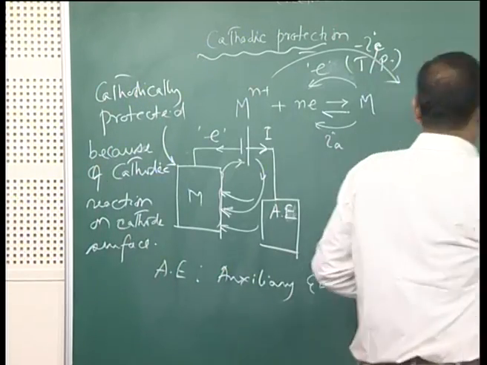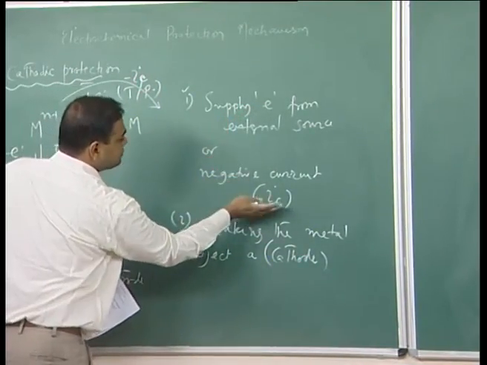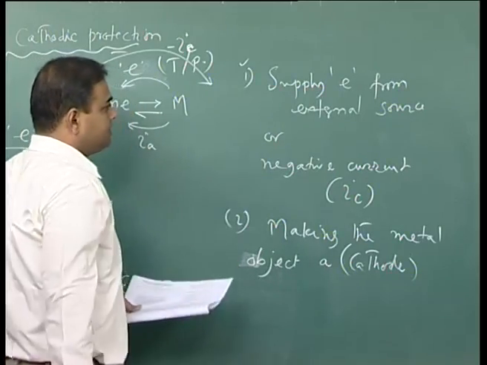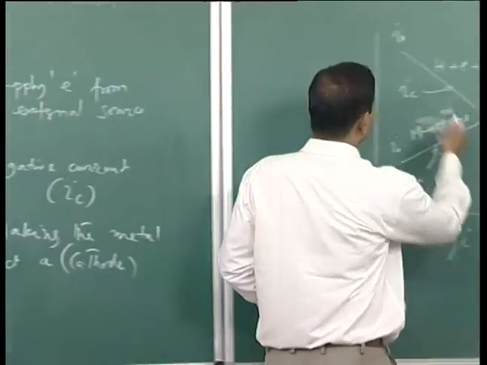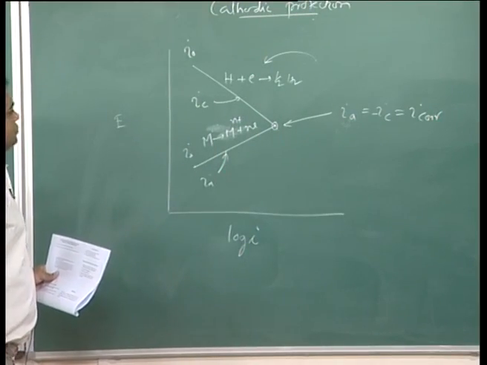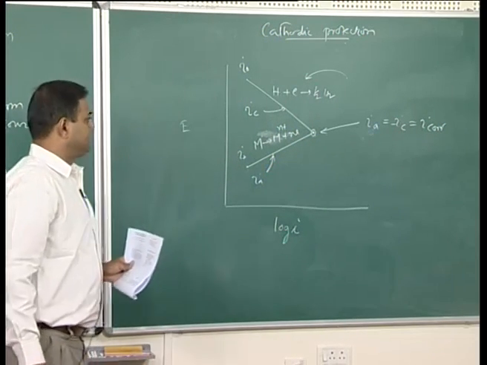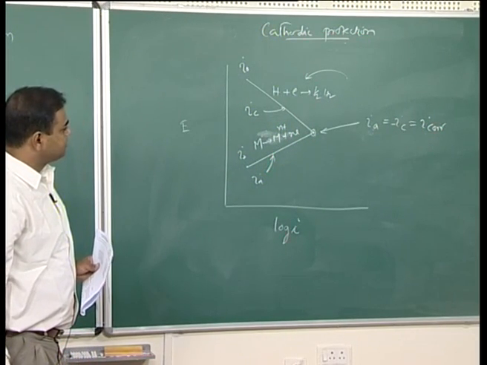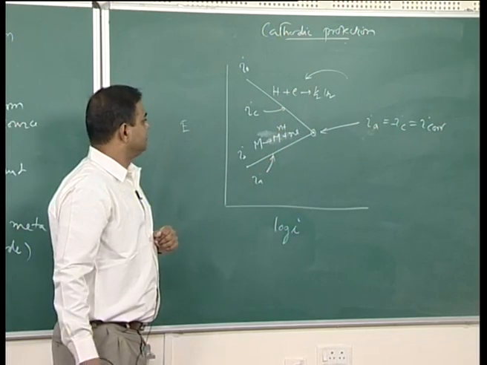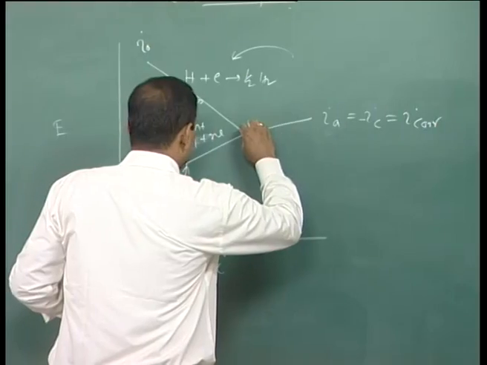So, if we apply this negative current, the electron supply means nothing but the supply of negative current or the I C. If we increase the electron supply into this, at this point we have equilibrium, so this equilibrium will be broken, and since we are supplying electron to this, we have more and more cathodic polarization.